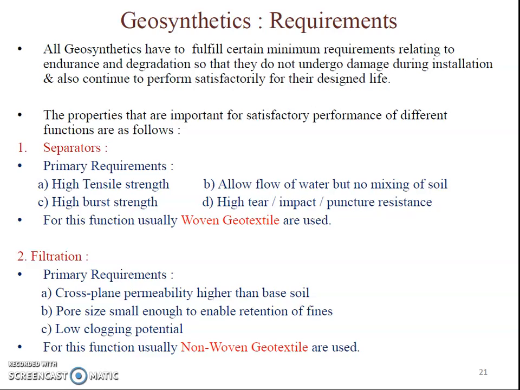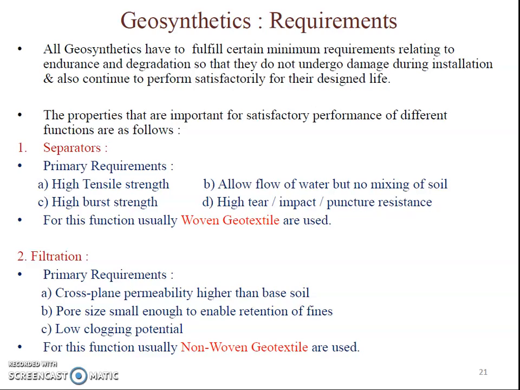We know that whenever we use it as a separator, stresses are always generated in the two layers, so the material should be able to take that tensile strength. So the requirement is high tensile strength.